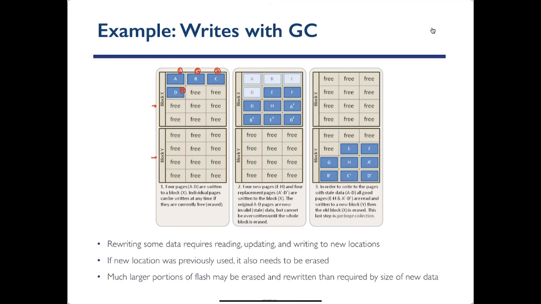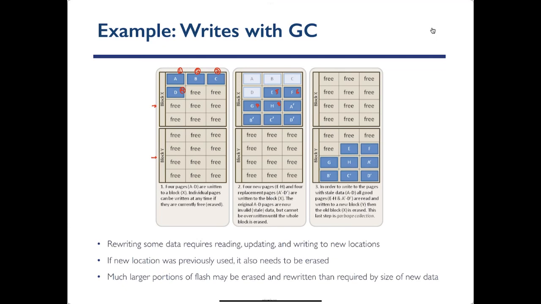Now let's say later on I write E, F, G, and H. So I write 4 new pages, and then let's say my application reads A, B, C, D, and then updates them. It updates A to A prime, B to B prime, C to C prime, and D to D prime. Now, when this write happens to SSD, as I mentioned, you can't write to an unerased page.